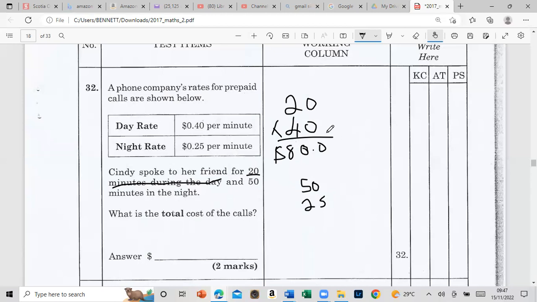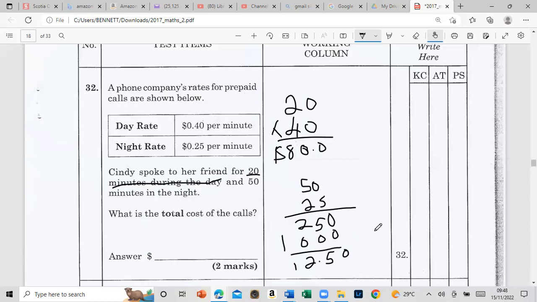So 50 times 25 is 1250. So it's 2 decimal places. So this is $12 and 50 cents. And for the first one, what we get is $8.